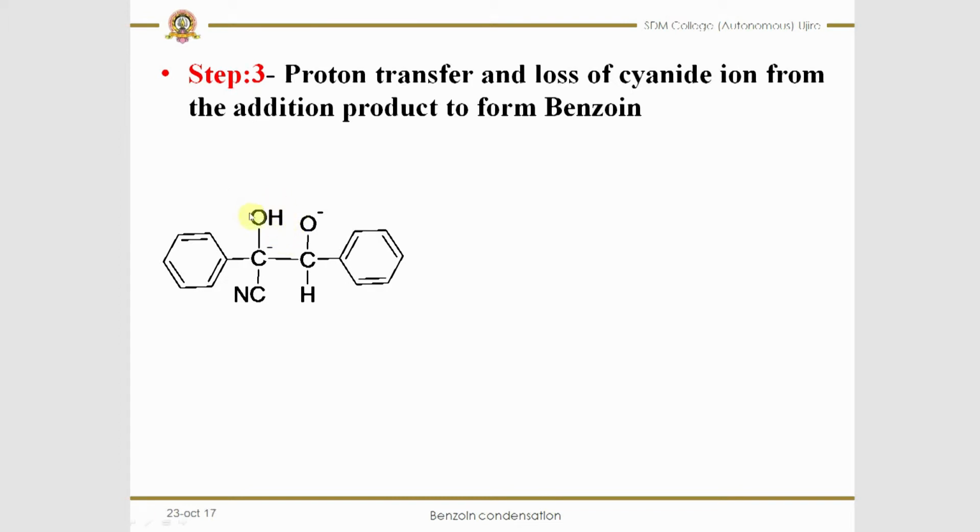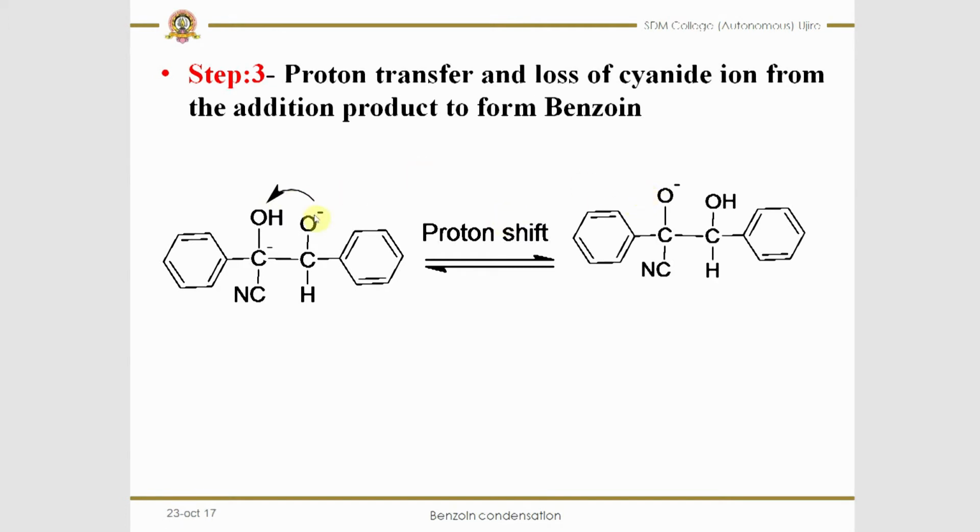There are two steps involved in the third step. Here this negatively charged oxygen takes up the proton from the neighboring hydroxy group. You can see the arrow mark, that proton shift takes place from this oxygen to this oxygen. Here hydroxy group formation takes place.